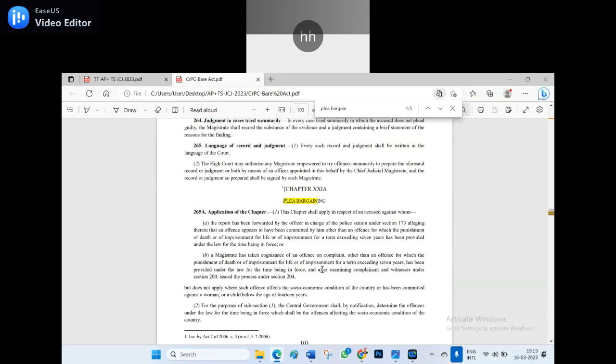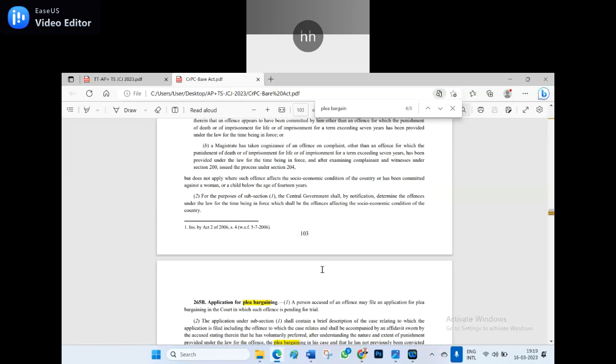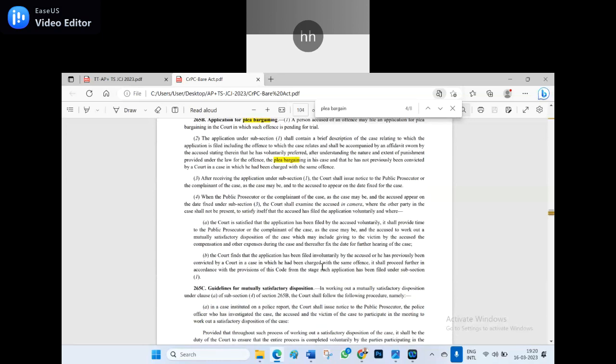For 265A, they will give the note: inserted by Act number 2 of 2006, Section 4, with effect from 5/7/2006. I don't know which one is added here. Is A added? So the probability is there. They may ask questions in such a manner because they were added in different amendments directly to the section.